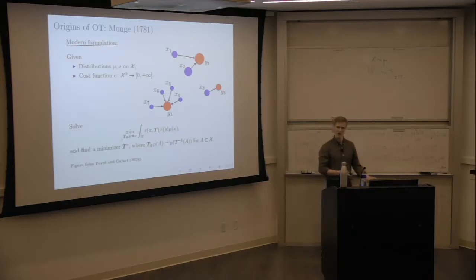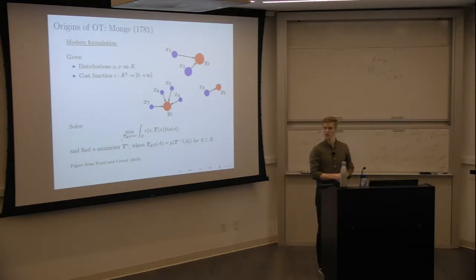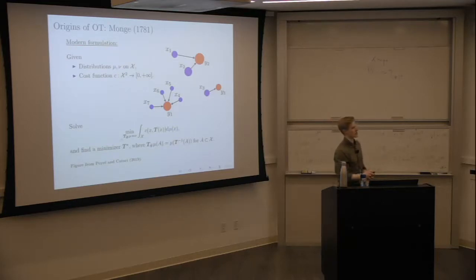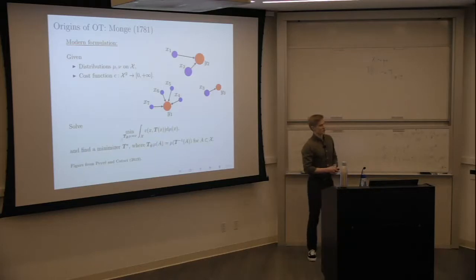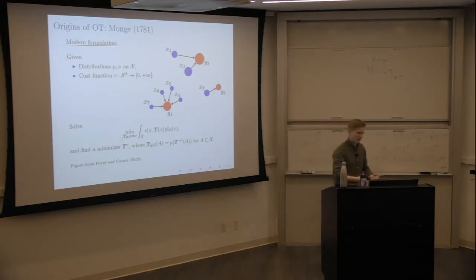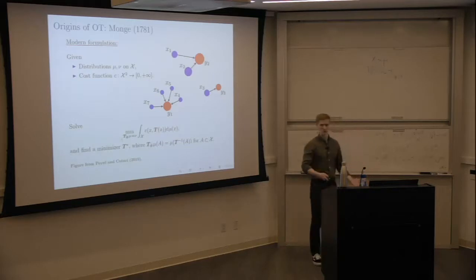We cannot really achieve that with a map in the standard sense, because you cannot say that all the mass at location y should be transported to two different locations with a map, a traditional notion of a map, a function. So this problem makes sense, but only sometimes, right? There are some conditions necessary to make this problem well-defined.